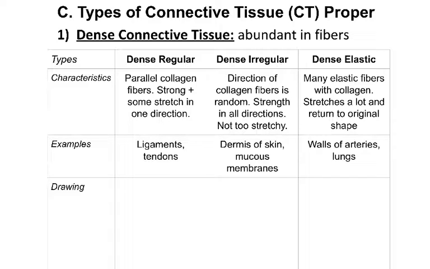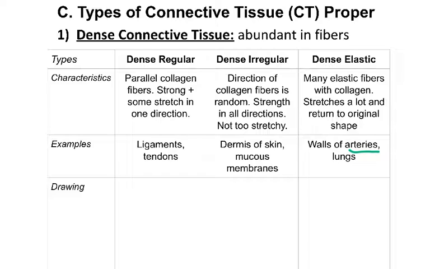In this case, it's dense with elastic fibers, in addition to collagen, much more elastic fibers than the other two. This provides a lot of stretchiness and the ability to return to its original shape. So you find this in thick tissues that have to return to their shape really quickly. You're going to see a lot of that in the walls of your arteries.